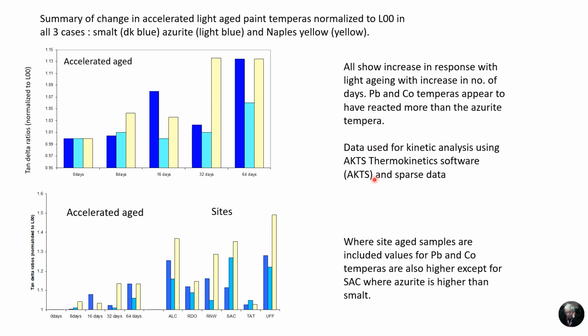I thought of using this recently acquired software, AKTS software, for lifetime prediction and using the values that we obtained on light aging. Here, the lower diagram shows where site aged samples are included, and values for lead and cobalt tempera are also higher, except for Sandham, where Azurite is higher than Smalt.